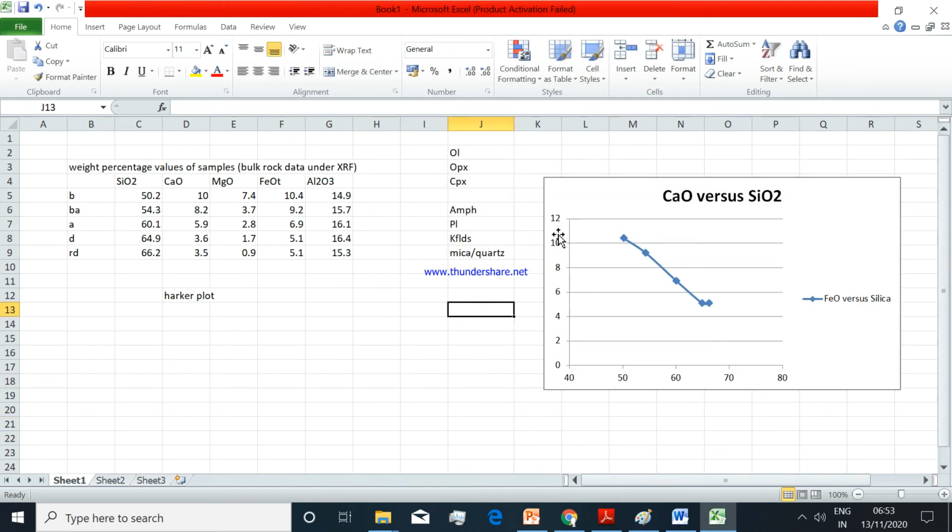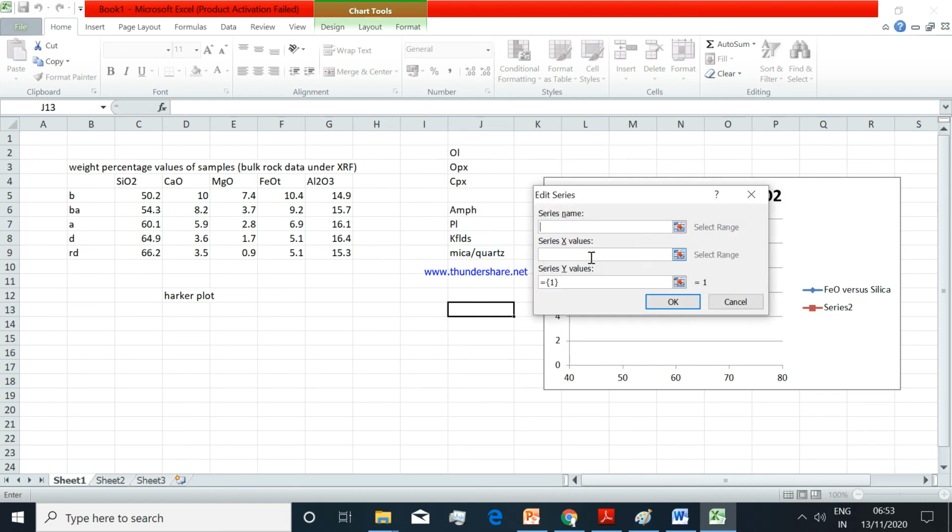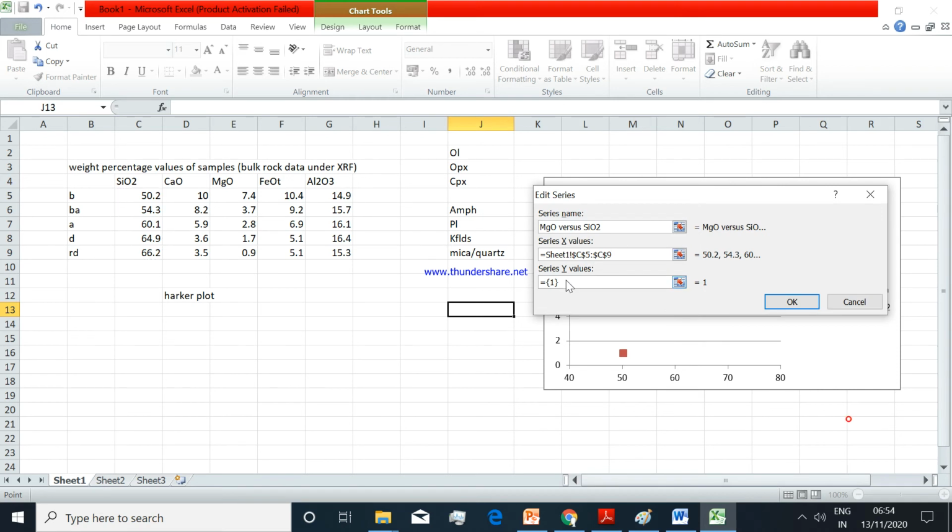Yes, the iron oxide will also show a decrement in the amount, or we can also plot multitudes of data in this region by adding, suppose, MgO versus silica, and then I am putting the value of x and y.